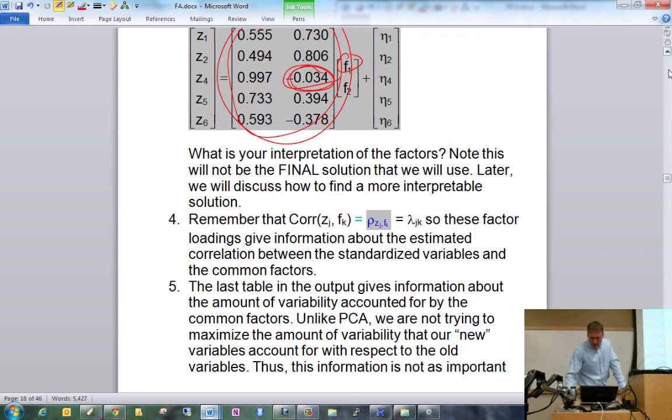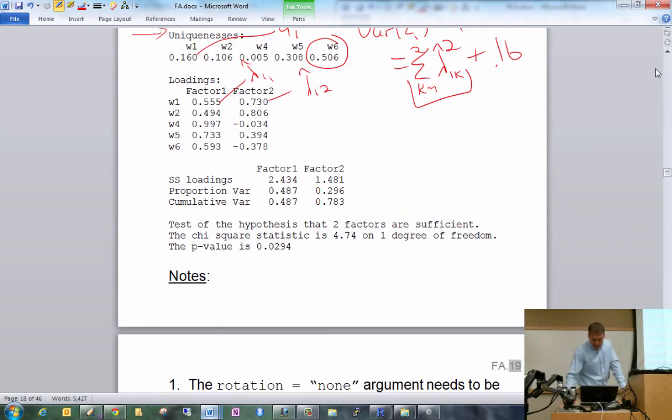So we also have this little table here that gives some information somewhat similar to what you saw with principal component analysis. It talks about the amount of variation that's accounted for by the common factors, out of the total variation. The factor analysis is not as concerned about explaining as much of the total variation as principal component analysis is.